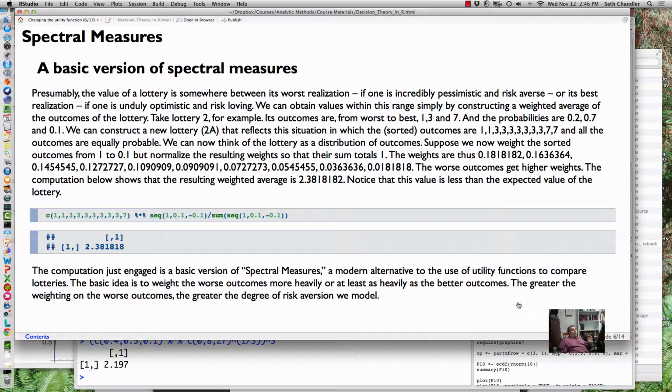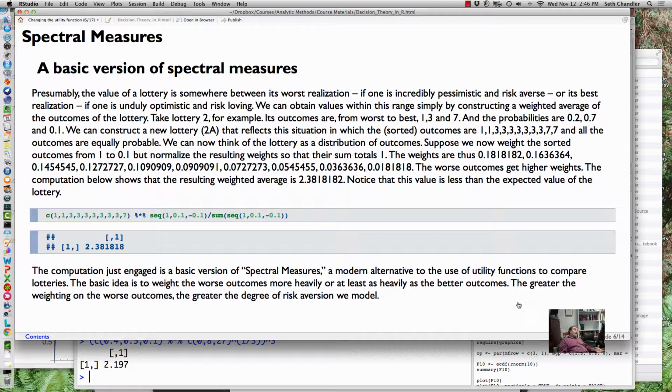So your total weights, just like your total probabilities, have to add up to 1, but you're putting a thumb on the bad results. You can think of this as sort of an obsessive compulsive person who all they can think about is the bad stuff.